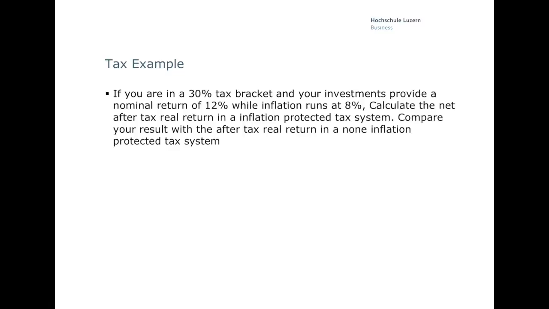So in this example, we have a 30% tax bracket and your investment provides a nominal rate of return of 12% with an inflation of 8%. So now let's calculate the after-tax real return in an inflation-protected tax system and compare it with the after-tax real return in a non-inflation protected tax system.